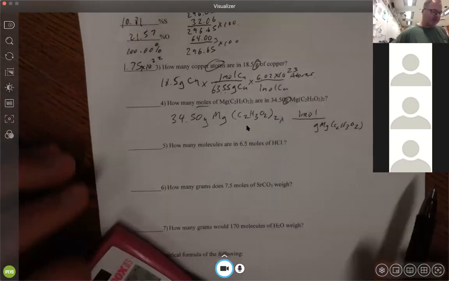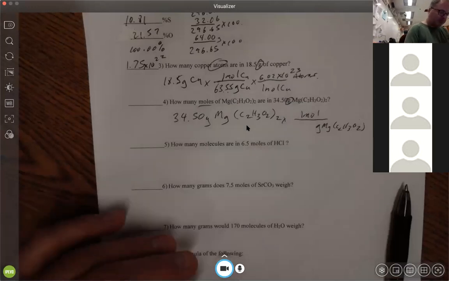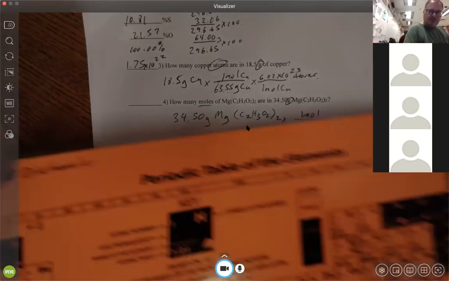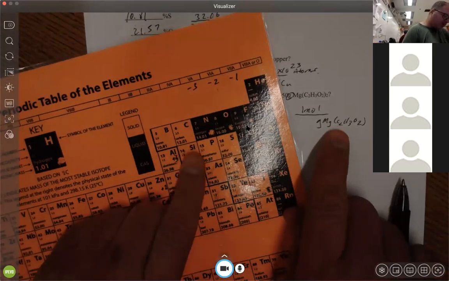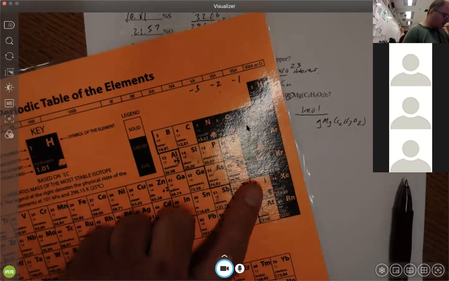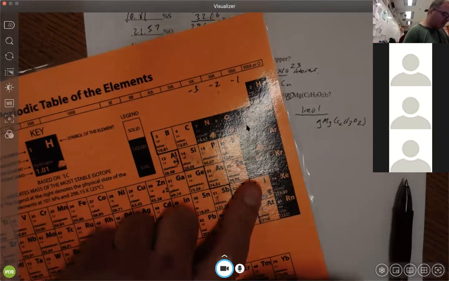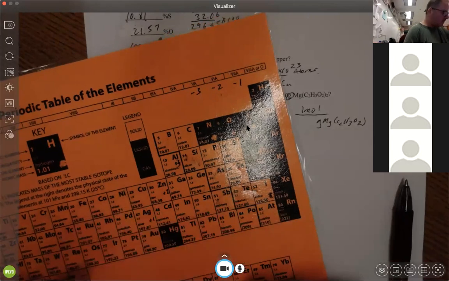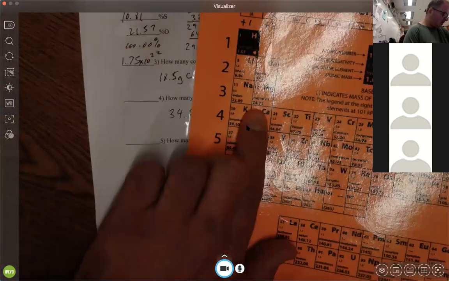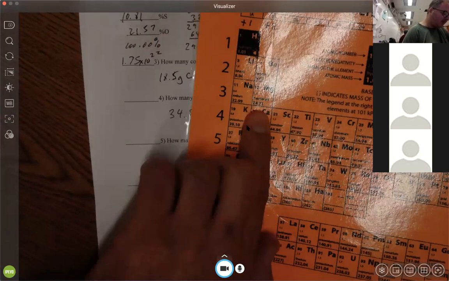So using the periodic table, 12.01 times 2 plus 3 times 1.01 plus 2 times 16 plus 1 times 24.31.